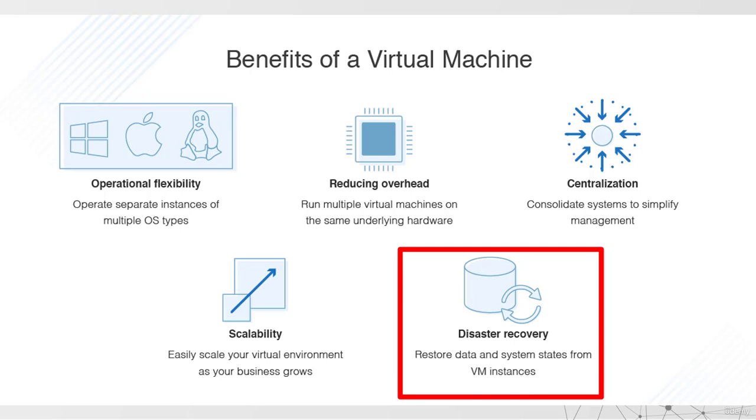With features like snapshotting, businesses can regularly back up their virtual machine states. So in the event of a disaster, maybe a cyber attack, software malfunction, or any other disruption, companies can swiftly revert their virtual machine to a stable state or deploy a new instance from the saved snapshot, thus ensuring minimal downtime and data loss.